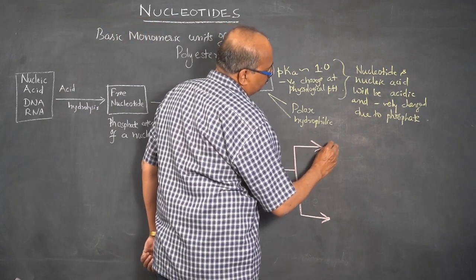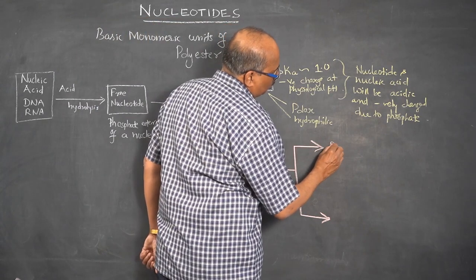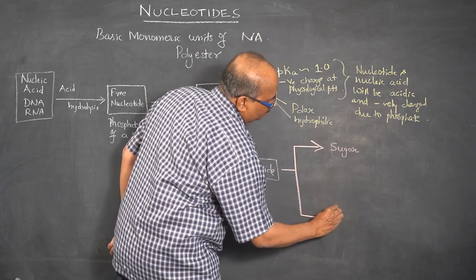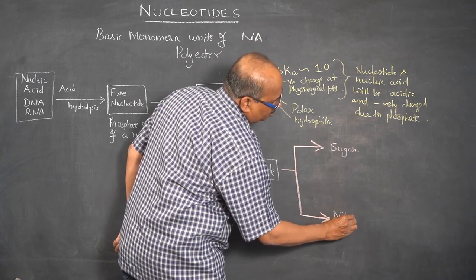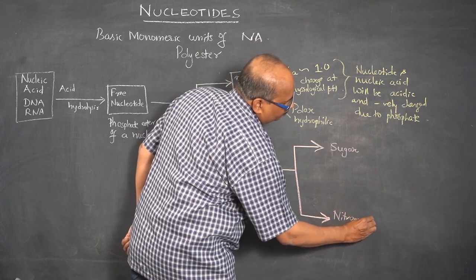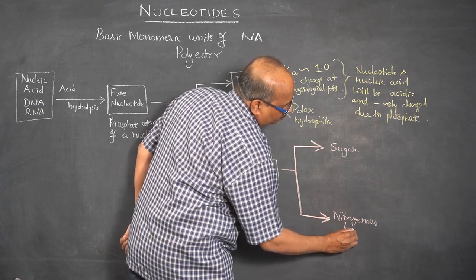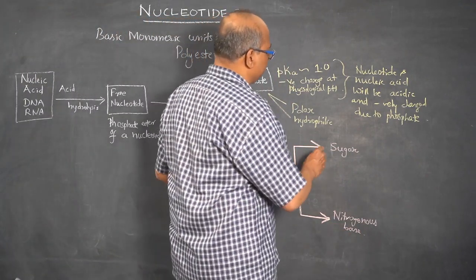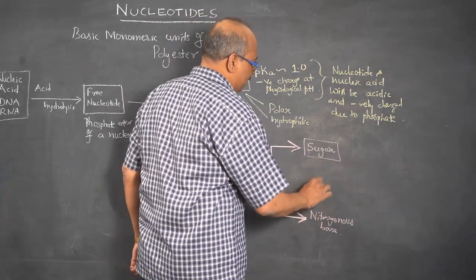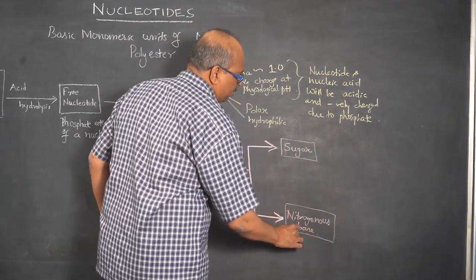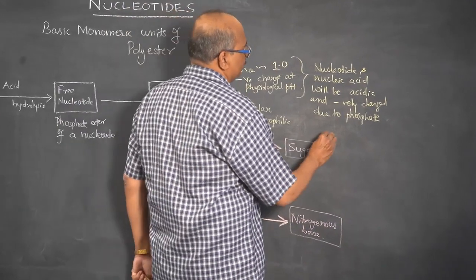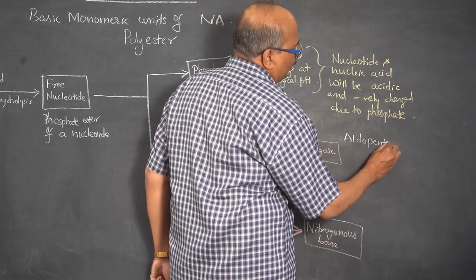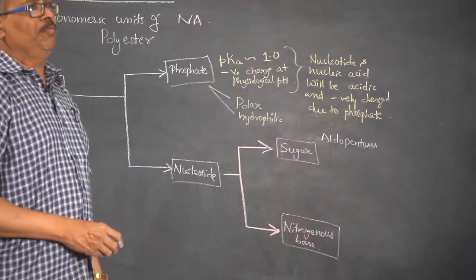We can divide the nucleoside into two components. The first one, the sugar. Second one, nitrogenous base. The sugars that we have in case of nucleotides and nucleic acids are 5-carbon aldoses, so we call them aldopentoses.